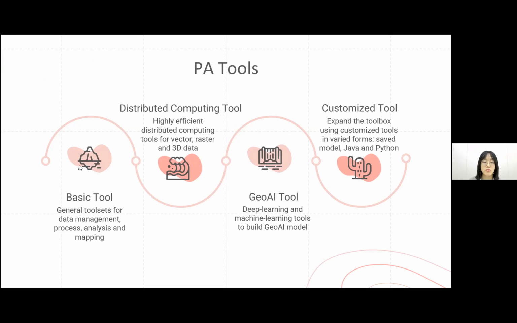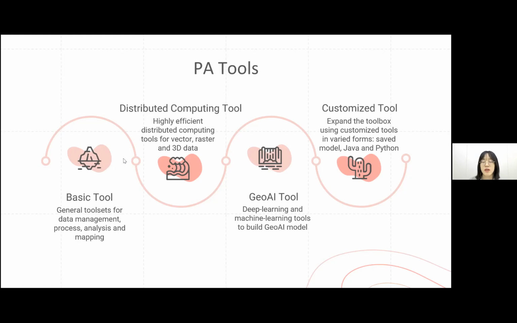So basic tool is a general tool set we use for data management, processing, analysis, and mapping. So all the tools we have learned in previous sessions actually belong to basic tool.